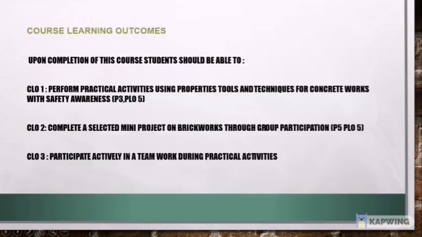Upon completion of the course, students should be able to: CLO1, perform practical activities using properties, tools and techniques for concrete work with safety awareness. CLO2, complete a selected mini project on Brickworks through group participation. CLO3, participate actively in teamwork during practical activities.